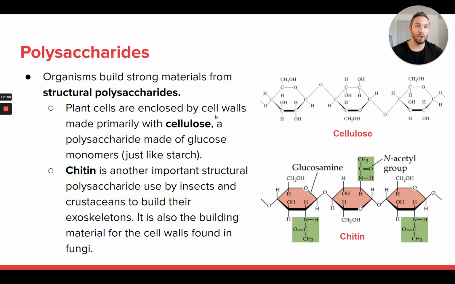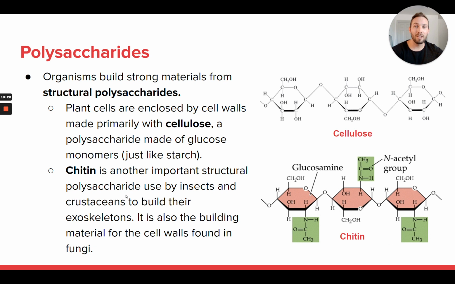You might have learned at some point that plant cells have a really strong, rigid cell wall that surrounds the cell. That's very sturdy and provides a lot of structural support to plants. Animal cells don't have a cell wall. We'll talk about this later. But that cell wall in plants is made of cellulose, which is again a polymer, a polysaccharide made up of glucose. So glucose is very common. And it's just a bunch of glucoses bonded together over and over and over again.